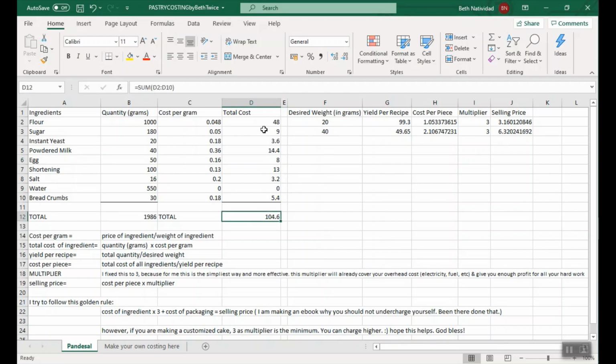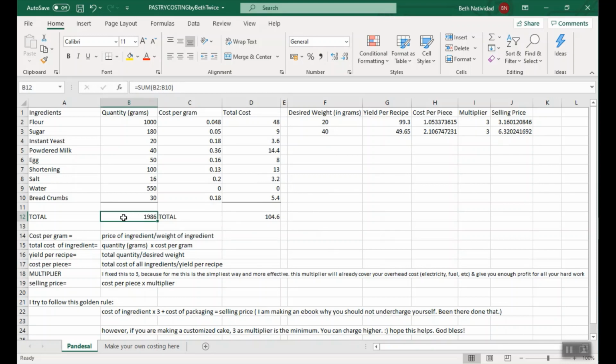So, pag na-compute mo na lahat dito sa total cost per ingredient, i-add mo lahat. Itong 48 plus 9 plus 3.6, ito yon. So, ang formula niya is sum of all these. And also, you need to determine kung gaano ba kabigat lahat ng isang recipe ng pandesal.